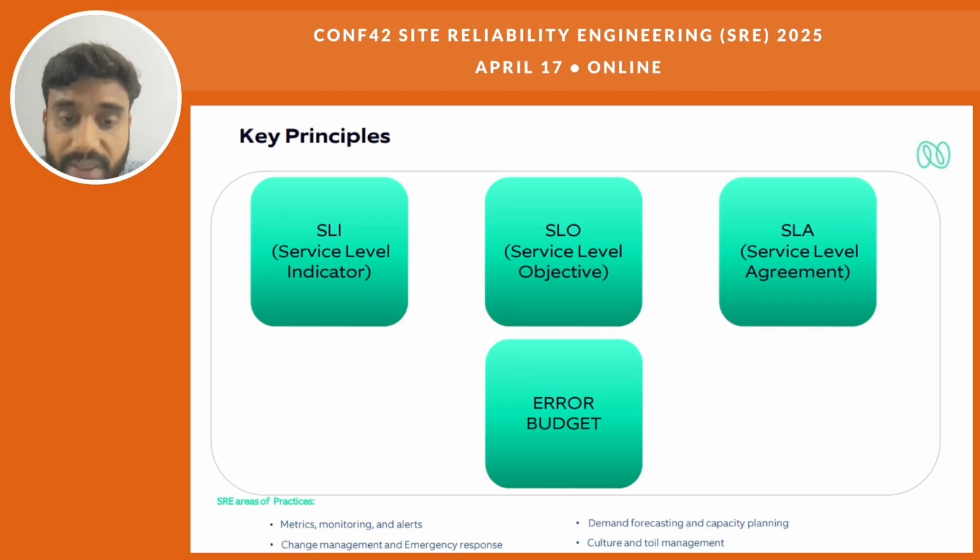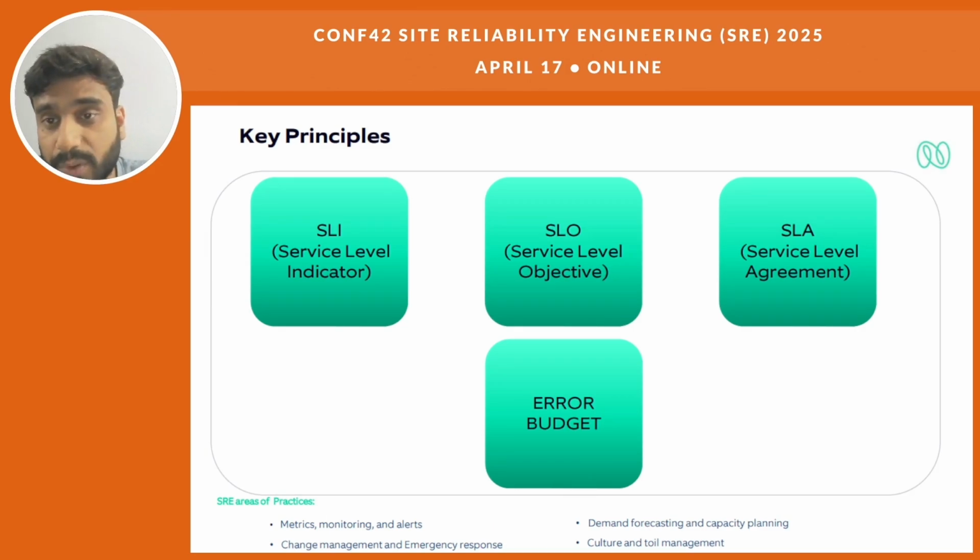Then we have change management and emergency response, where each team, like the development and operations teams, knows the overall process defined for change management. Even if the change is small, they should focus on how to make changes overall, and it will improve the overall reliability of the applications.